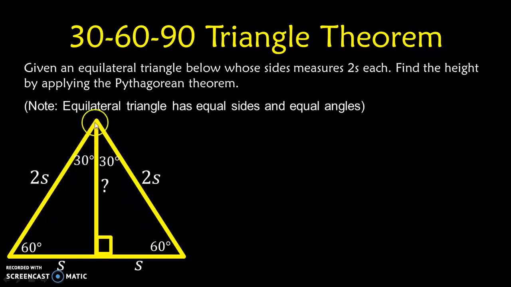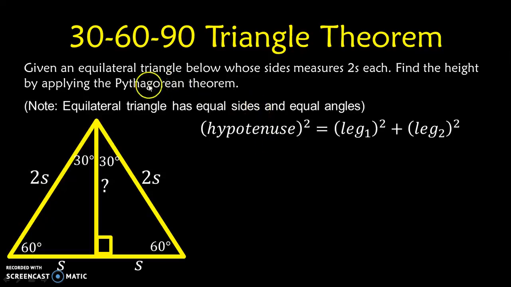So this side serves as the hypotenuse and this side serves as one of the legs. So we are to find the other leg, or the height of this equilateral triangle.